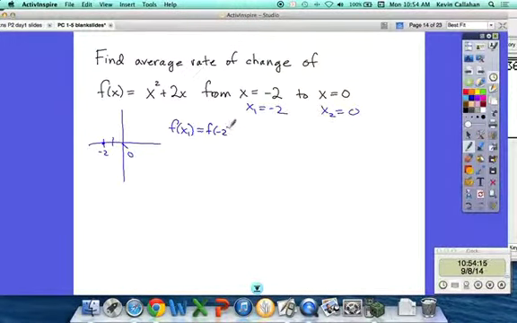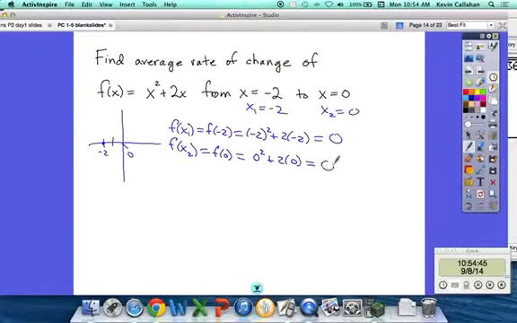F of -2, which is -2 squared plus 2 times -2, which is 0. How about f of x2? Well, plug in f of 0, and we get 0 squared plus 2 times 0, which is 0.